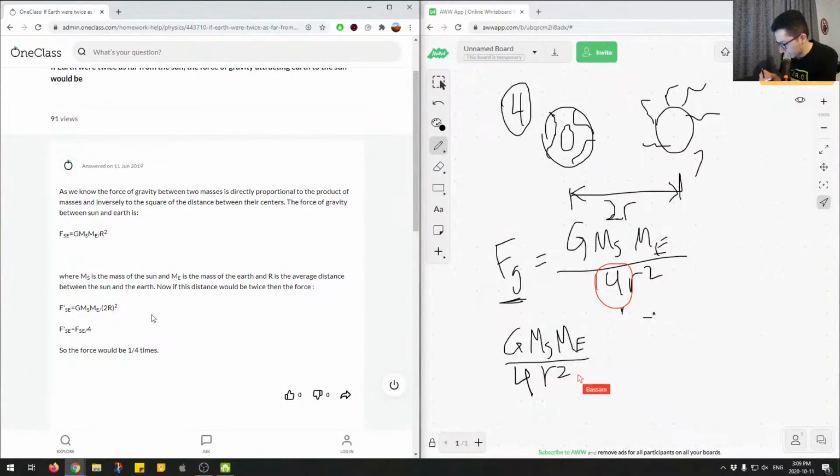So we know that Fg will be a quarter of what it originally was when we doubled the distance. That's how to think about how to get that answer. So I'll write it on the right side over here. Fg would be a quarter.